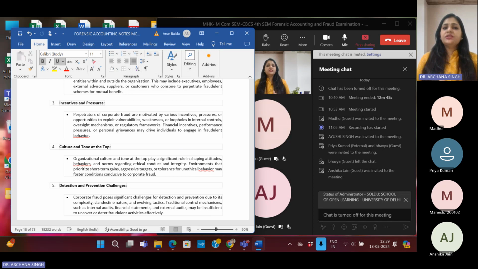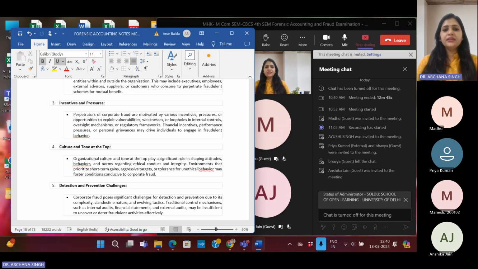Then culture and tone at the top. Organizational culture and tone at the top play a significant role in shaping attitudes, behaviors, and norms regarding ethical conduct and integrity. Environments that prioritize short-term gains, aggressive targets, or tolerance of unethical behavior can foster conditions conducive to corporate fraud.